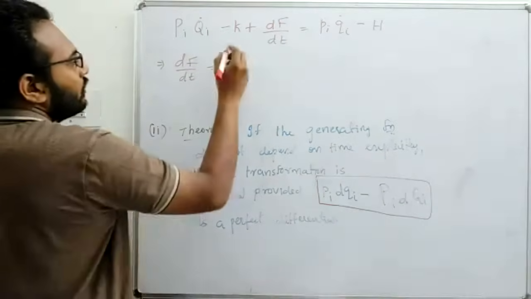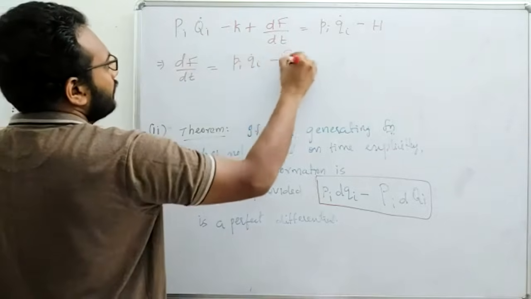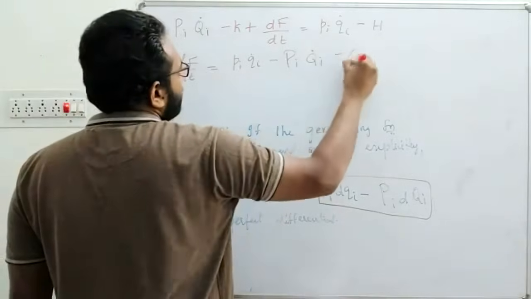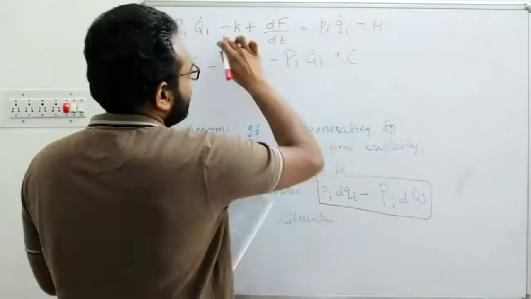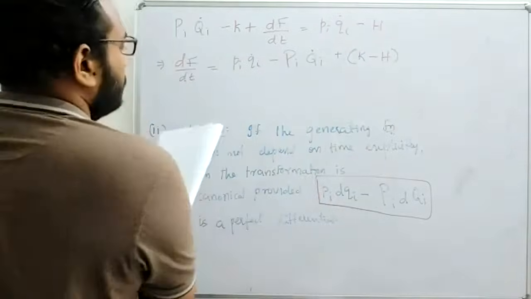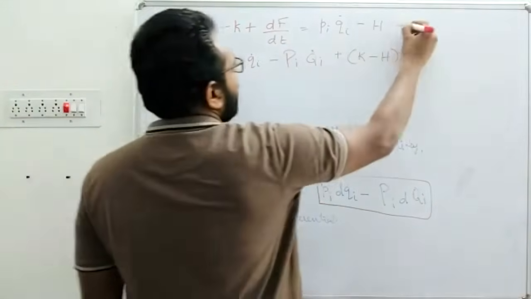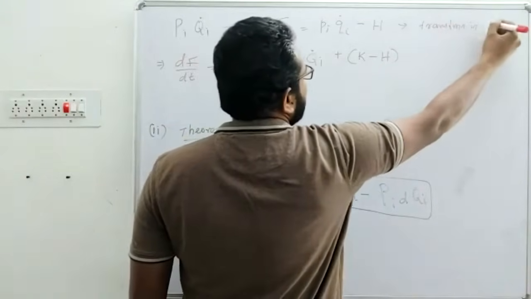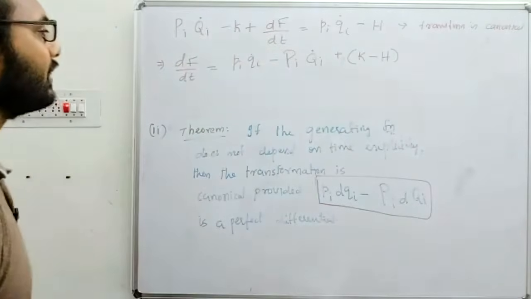So dF by dt equals pi qi dot minus Pi Qi dot, and if you take this H to that side, you can write it as plus, because this becomes K minus H. This is true, right? If this condition is satisfied, the transformation is canonical.